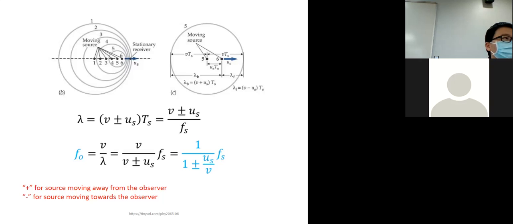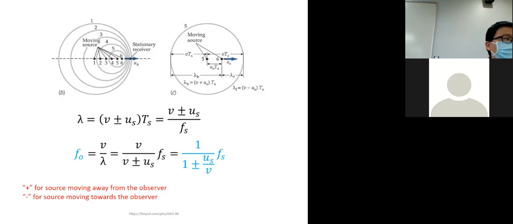Now, as I mentioned, the frequency will change. So if you look at the frequency heard by the observer or the receiver in this case, either way, if you put as receiver, then you can write F sub R. But in this case, we are talking about F sub O, which means observer, is equal to the speed of sound divided by the new wavelength, okay?